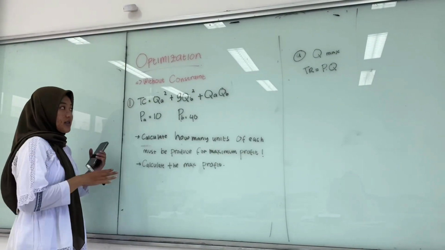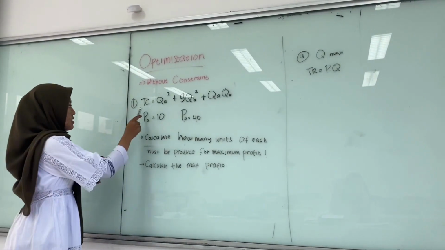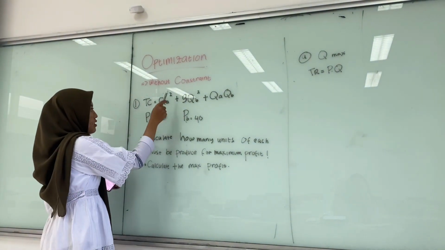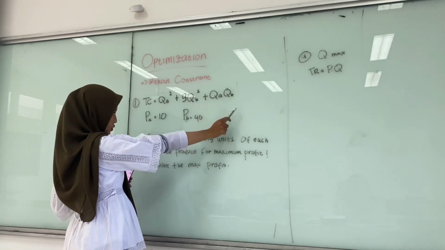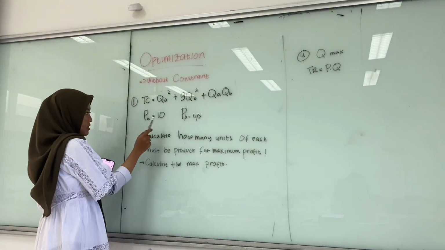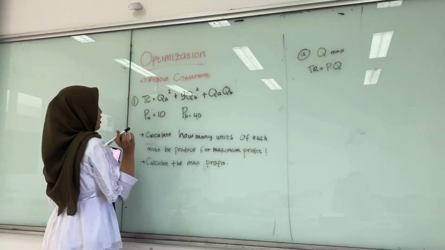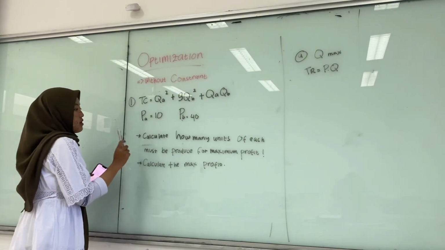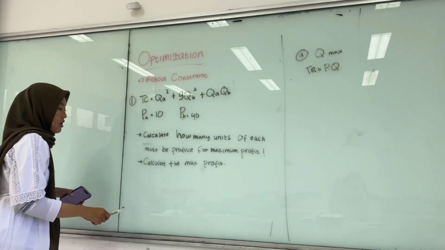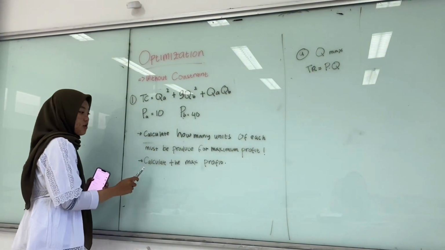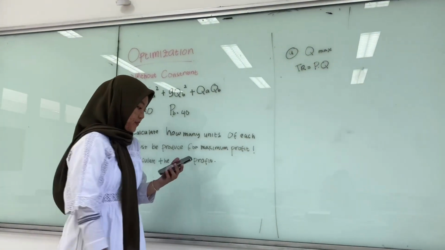Okay, next the example. TC is QA squared plus 9QB squared plus QA times QB, and PA is 10 and PB is 40. The first question is calculate how many units of each must be produced for maximum profit, and the second question is calculate the maximum profit.